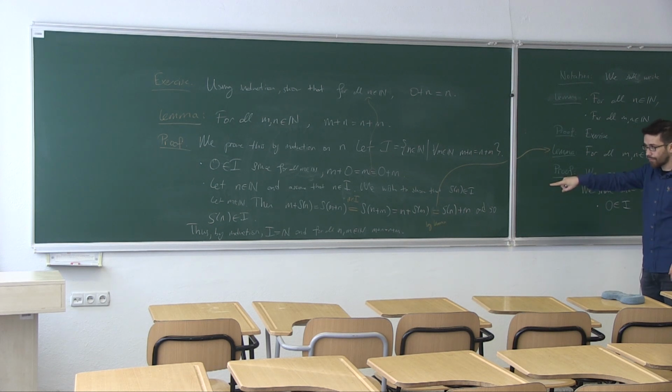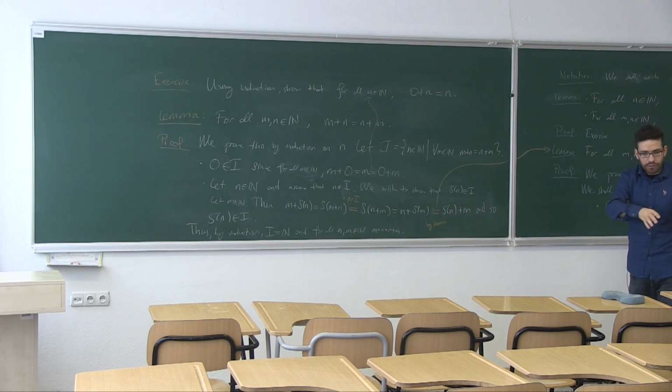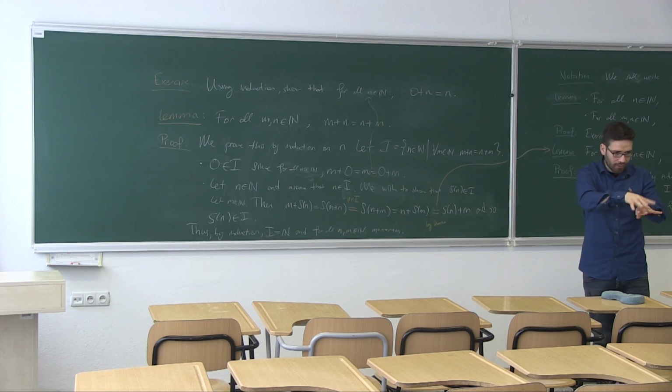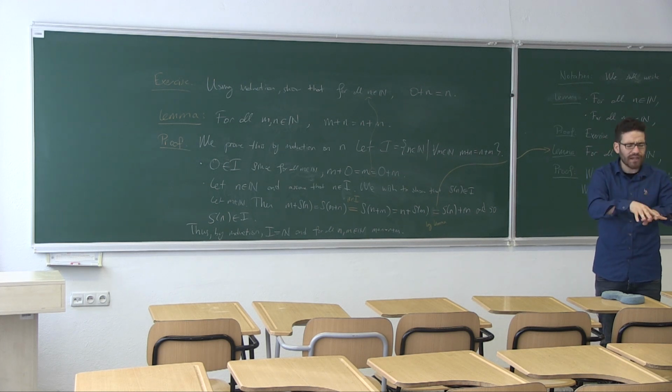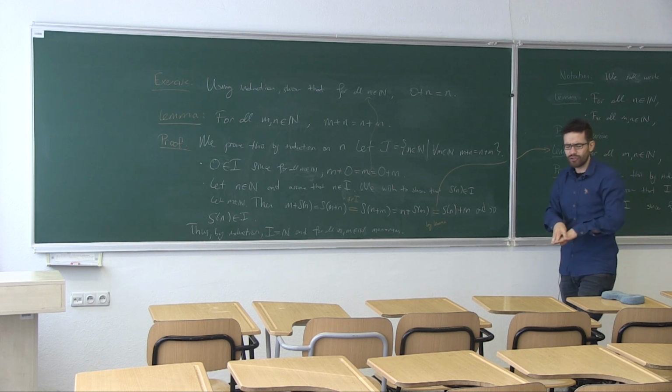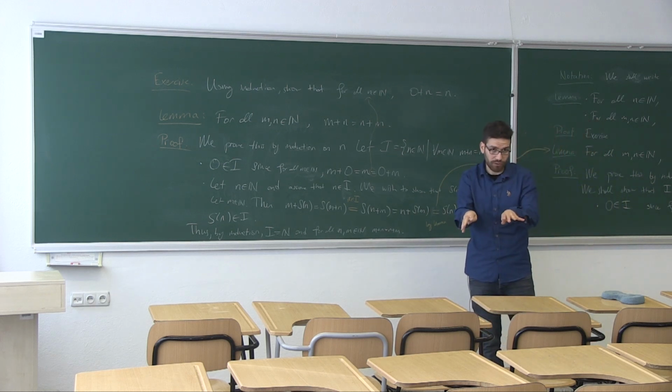This is why I proved it first, because I knew this ahead of time, because I prepared the notes. If you try to prove that addition is associative, you're going to see that you will need some other identity to hold before. So you can prove all the identities involving arithmetic on natural numbers, but you have to go in the correct order.